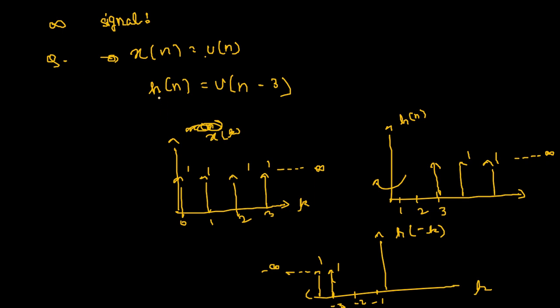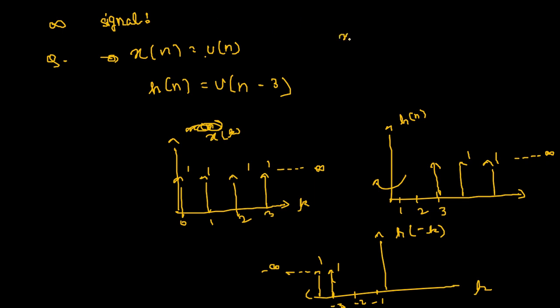And h of n, that is the unit impulse function, is unit step function shifted to the right by 3 units. So from 3 all the way till infinity, the unit step function has values of 1 at every single integer, right?